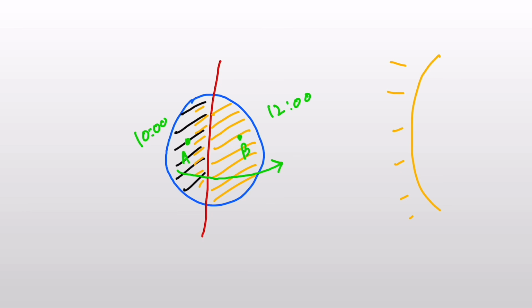Because place B got the sun earlier than place A. So place B started the day early, and thus place B is ahead in time or ahead in the day as compared to place A. And thus this is the reason why it is 12 p.m. in New Delhi but 2:30 a.m. in New York.